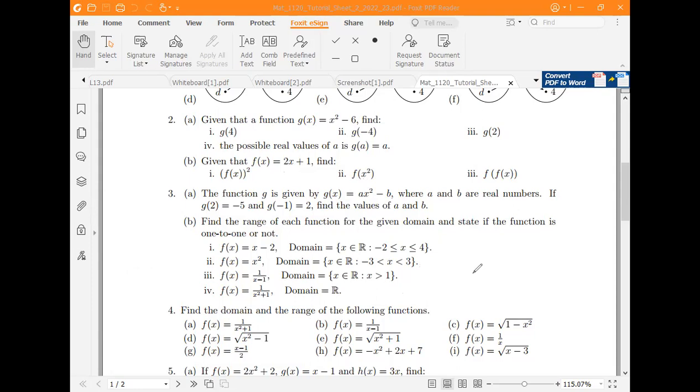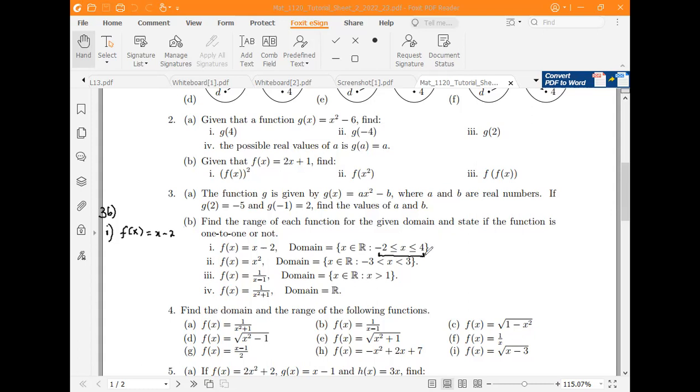The first one, question 1. This is 3B. Question 1. F of x is x minus 2. And the domain given is from -2 all the way up to +4. We can only use the values of x from -2 to 4.